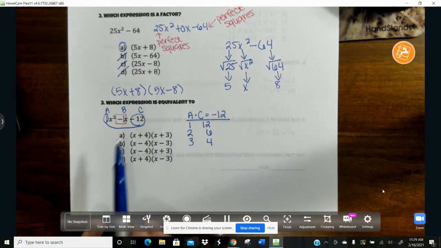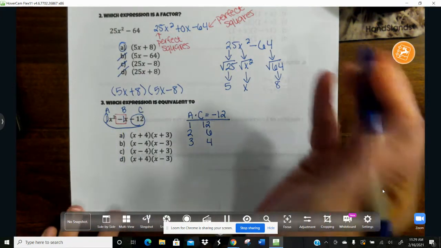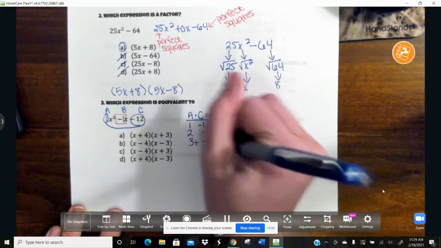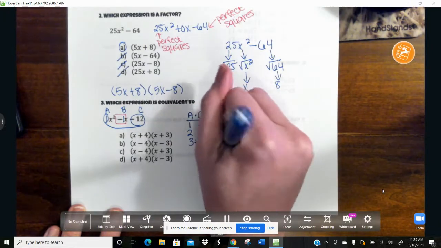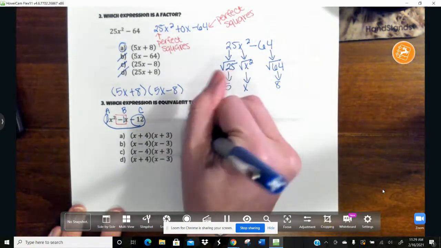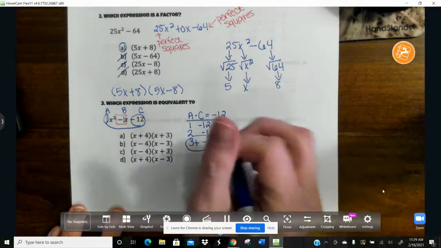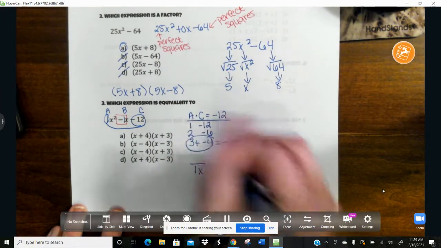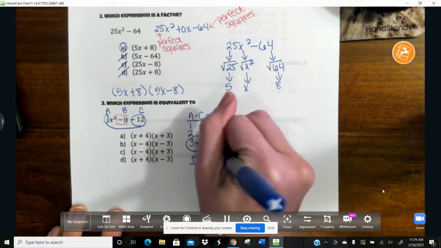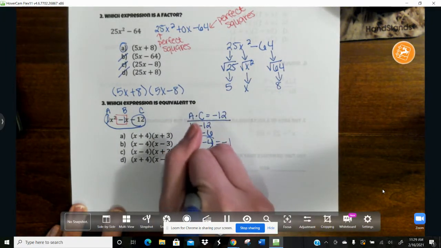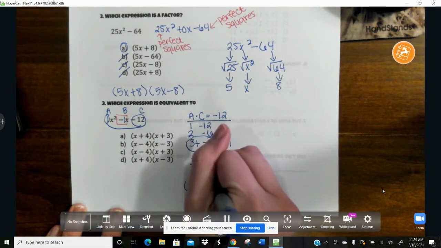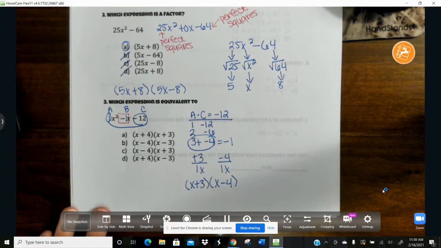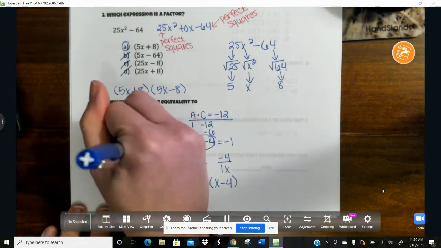Remember, the big factor takes the sign of B. So my big factor is going to be negative. The one that's going to give me negative 1 is 3 and negative 4. So I'm going to put 1x at the bottom, plus 3, minus 4. So I'm going to have x plus 3, x minus 4. So my answer should be C.